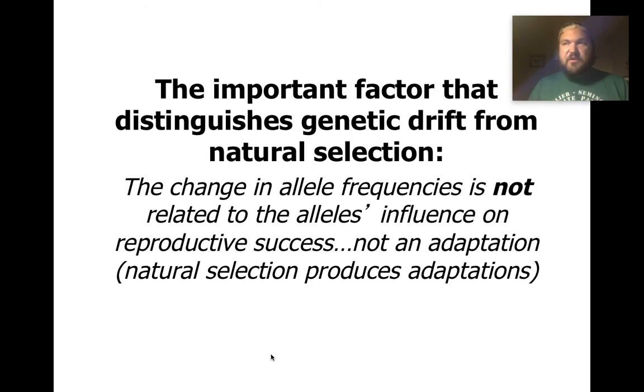We don't know whether green or brown was more fit in the example I just gave you, but we still managed to change the frequency of green relative to brown by just accidentally squishing some beetles. So therefore, it's not an adaptation because it doesn't have anything to do with fitness. It doesn't lead to adaptations.